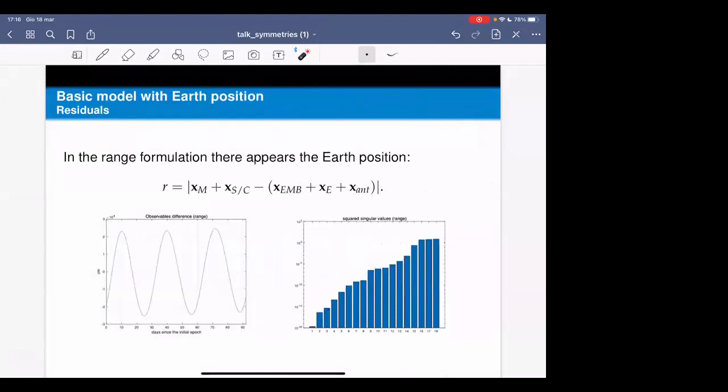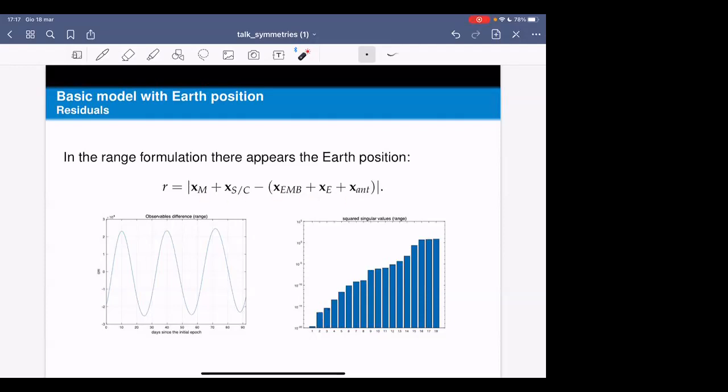Another disruption of the symmetry is due to the position of the Earth. Because when we go to calculate the range, this is the flat space formula for the range. Here we need to add also the relativistic perturbation given by the Shapiro effect.